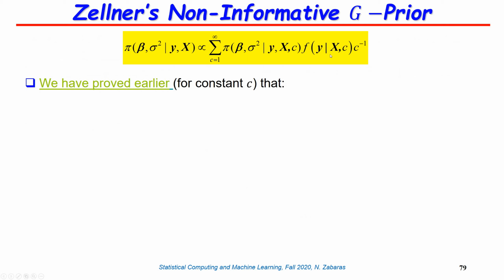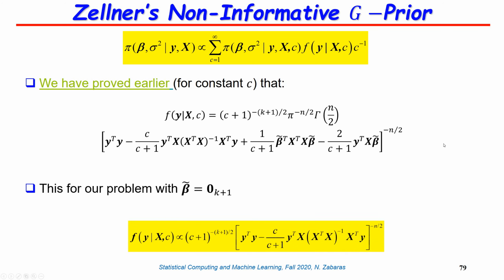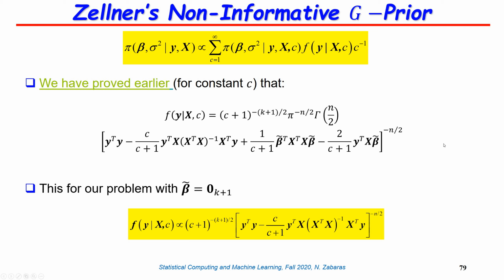Here again is the equation for the posterior of beta and sigma squared with C integrated out, and here is the expression for the marginal likelihood that we had before. We take the prior mean to be equal to 0, so I can simplify this equation the way you see at the bottom of the slide. Right now I have what I need to compute the posterior of beta and sigma squared.